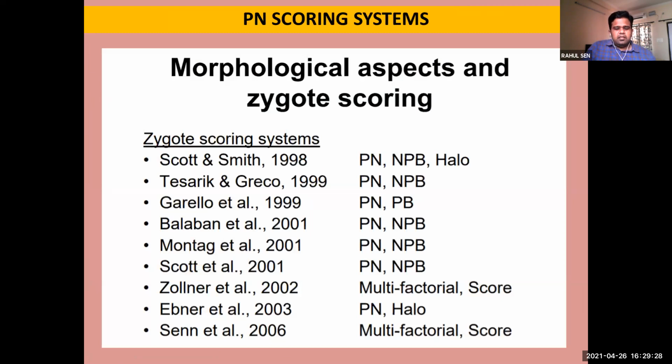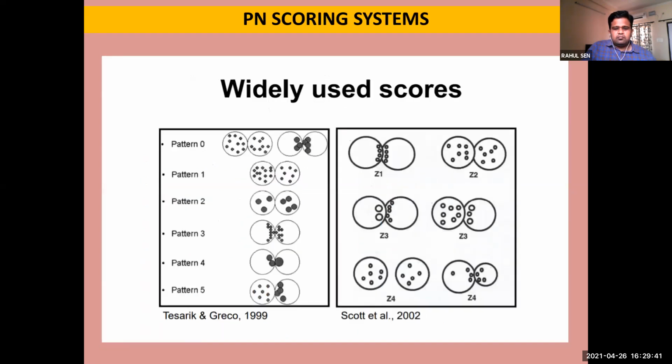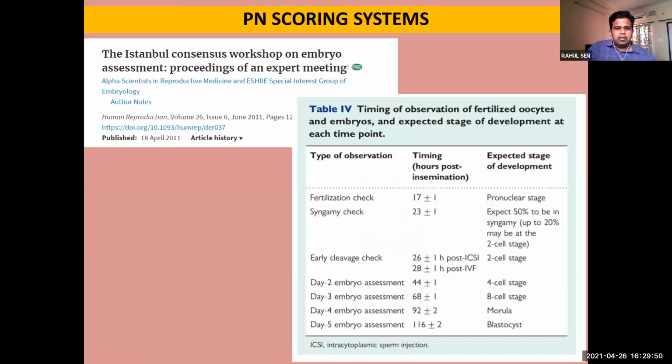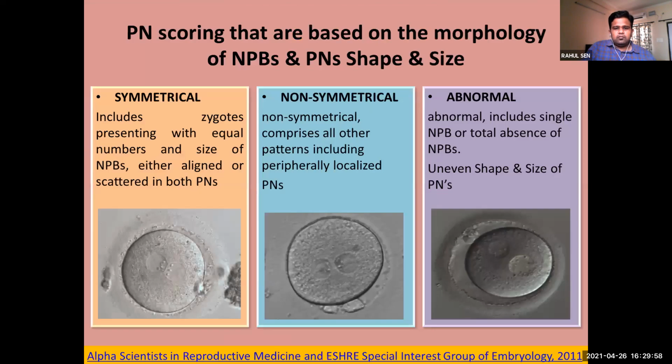In the literature, there is a plethora of publications on morphological aspects and zygote scoring. The widely used scoring systems were proposed by Tesarik and Greco in 1999 and Scott et al. in 2002. Ultimately came the Istanbul Consensus in 2011.